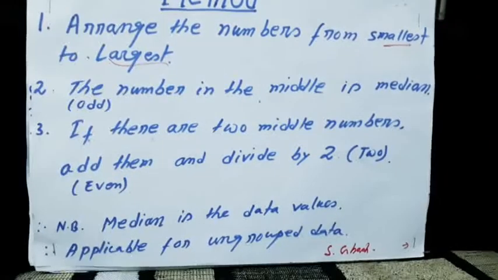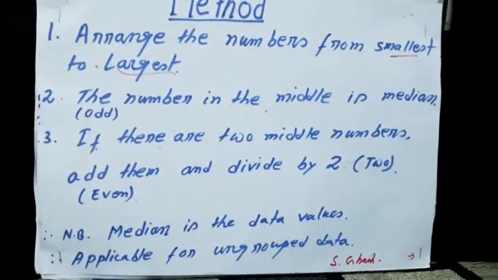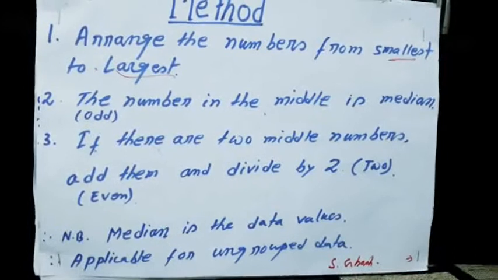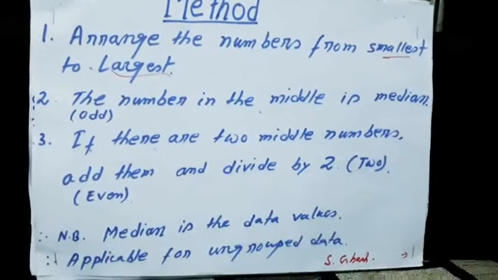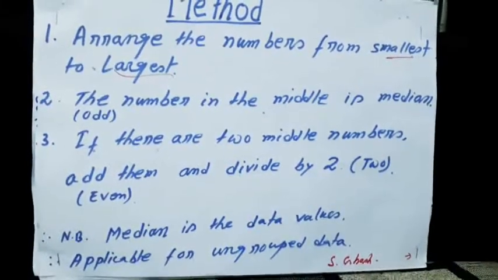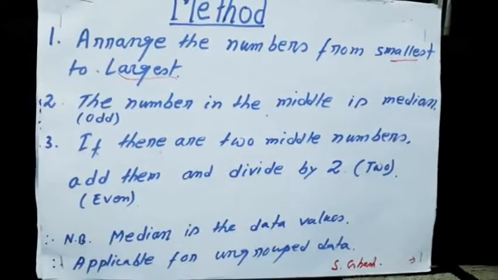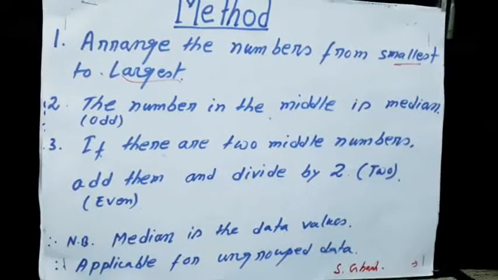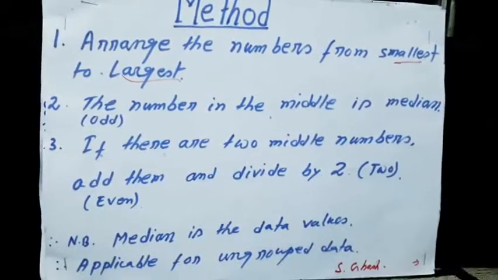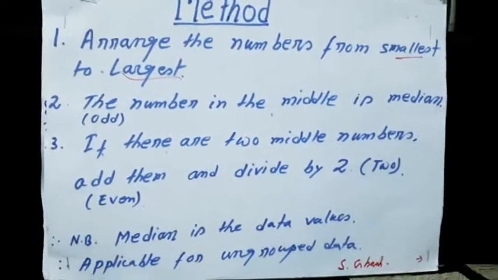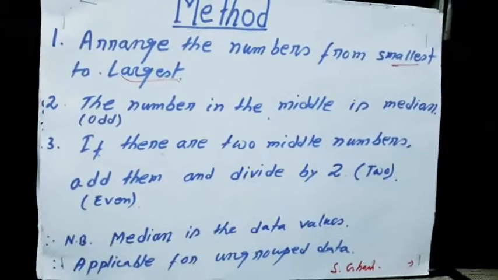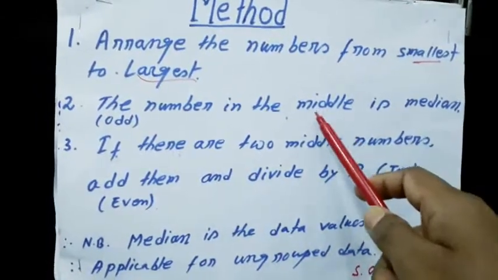It means we have to sort the numbers from small number to large number. Or you can say we can arrange the data set or observations in ascending order or descending order. Then we have to find the middle value.